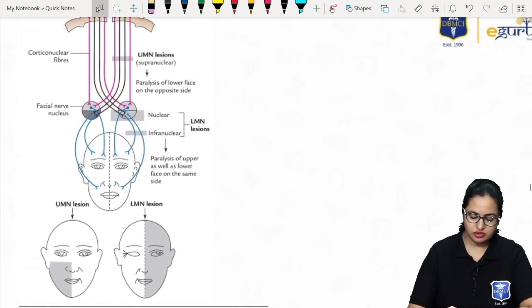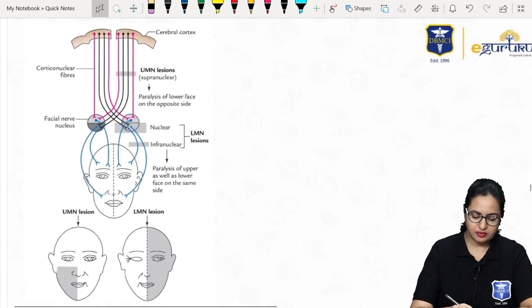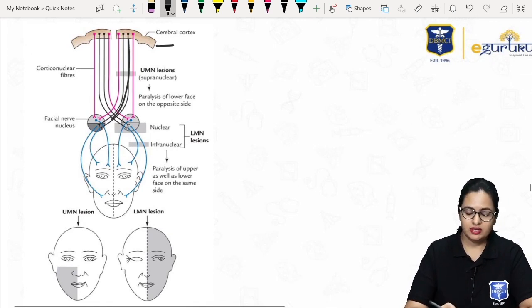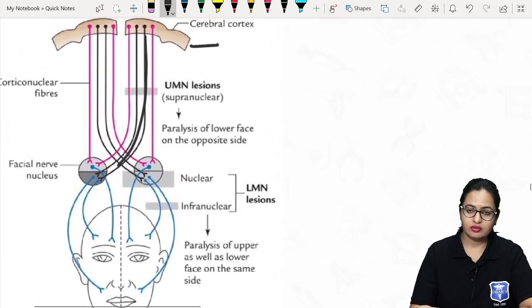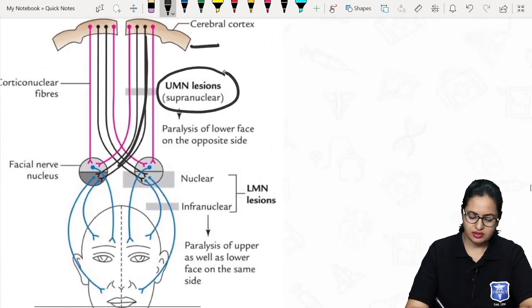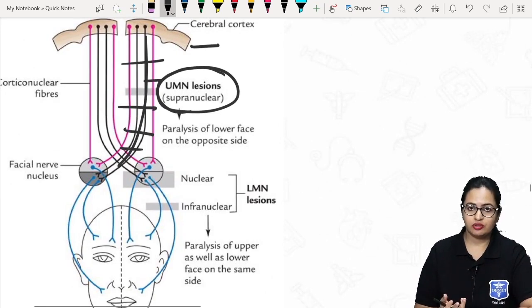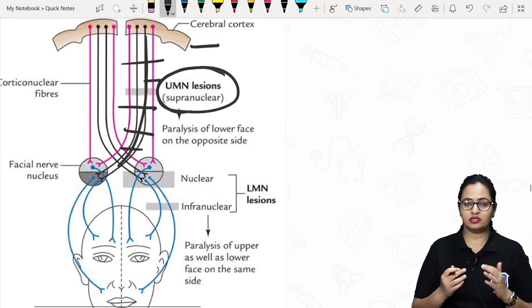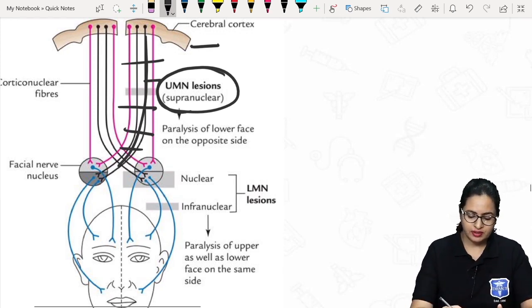Now if we see this picture over here, we can see these fibers which are coming from the cerebral cortex. These fibers form the upper motor neuron. So a lesion anywhere in these fibers will lead to an upper motor neuron lesion, and the location is supranuclear.